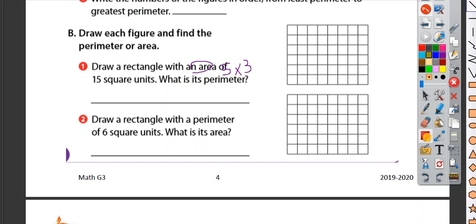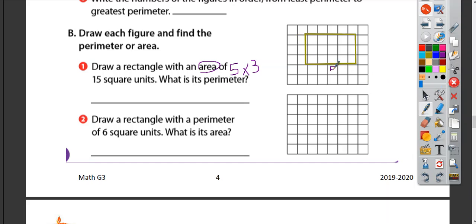Here we go. 5 units: 1, 2, 3, 4, 5. And here 1, 2, 3. What is the perimeter of this shape? Count. Here we have 5, 5, 3, 3. By adding all these sides together, you will get 16 units.